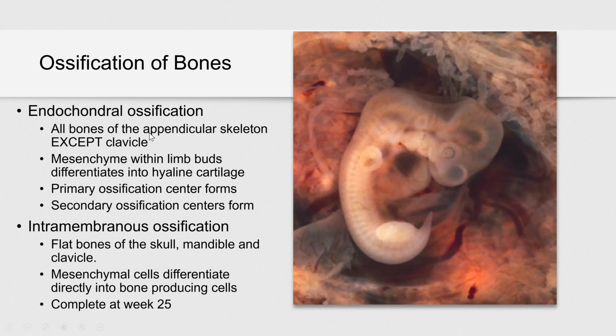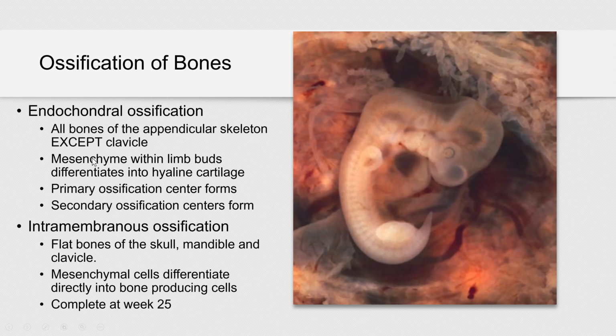So all bones below your neck, really, with exception of clavicle. Intramembranous ossification happens, as I already told you, when you have membrane first, right? And your flat bones of the skull, mandible and clavicle are formed through intramembranous ossification.